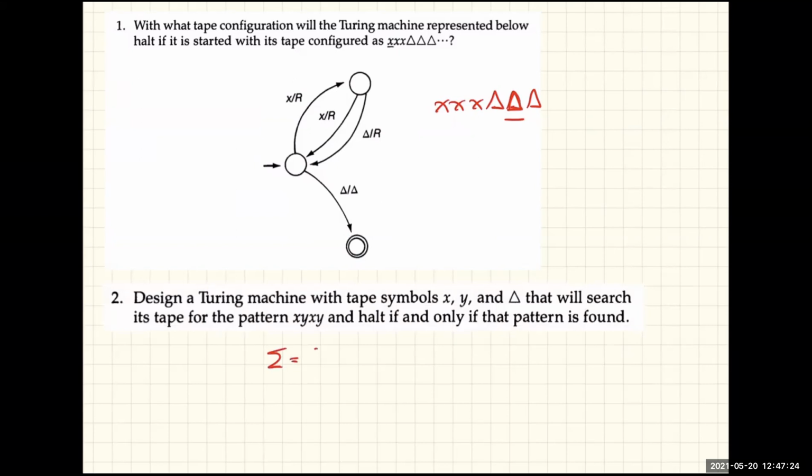Our alphabet is X and Y, and gamma will be X, Y, and the blank symbol. Whenever it finds the pattern X, Y, X, Y, halt. If not, then do not halt. Think that you can also have a Turing machine running forever.